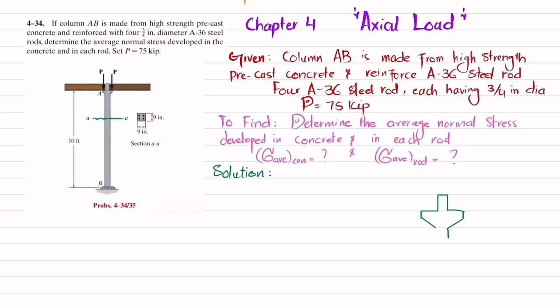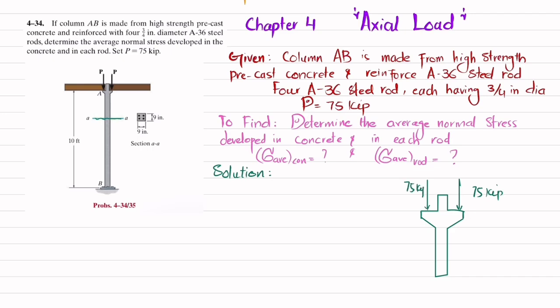This is the free body diagram. Clear? The load over here is P, which is 75 kip. Clear? And same here we have 75 kip load.